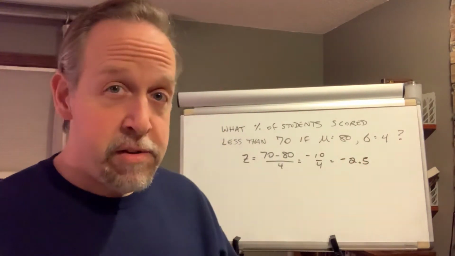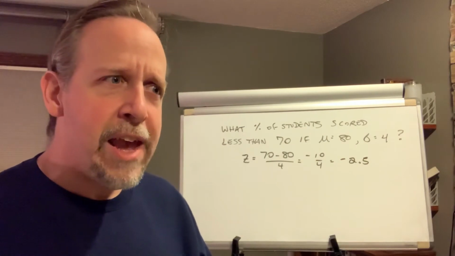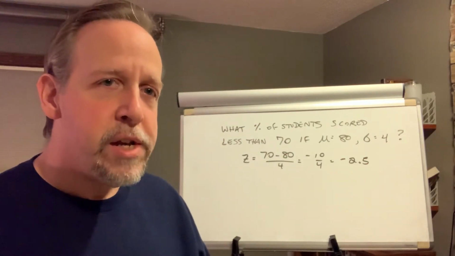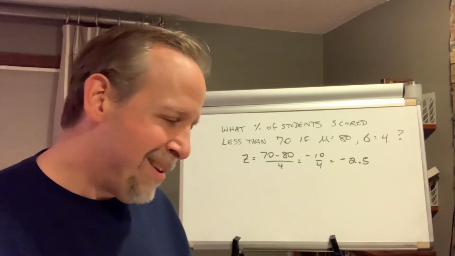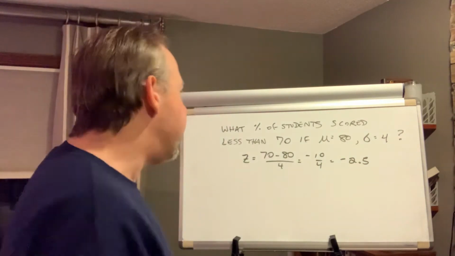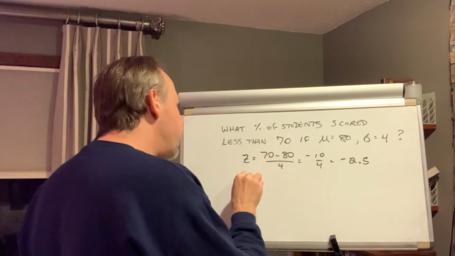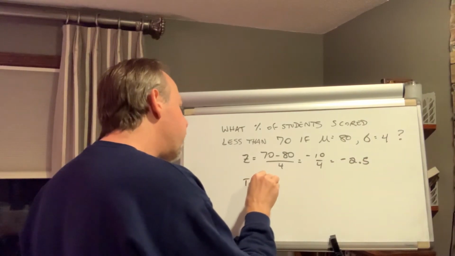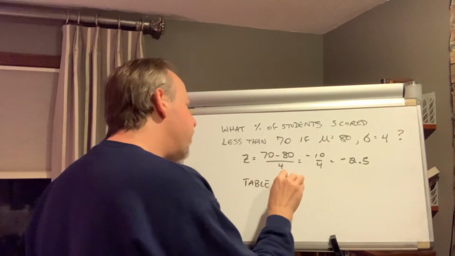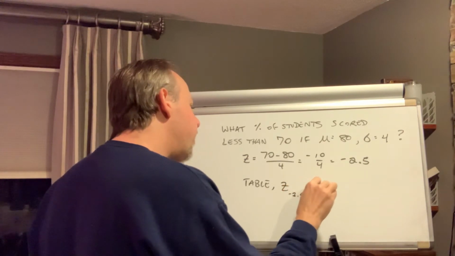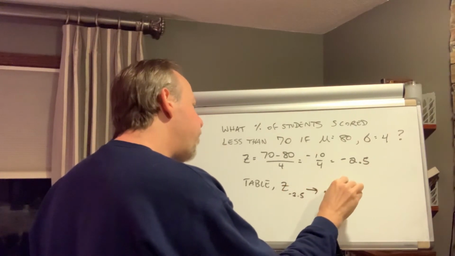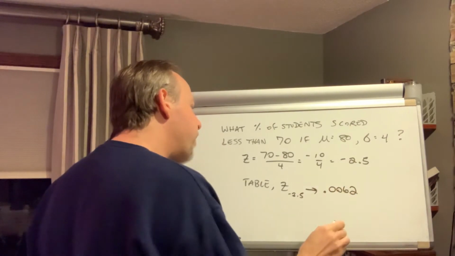Well, that plays into our previous example. What was the area that lies under a z-score of -2.5? Well, it was 0.0062. So using the table, a z-score of -2.5 gives you area 0.0062.